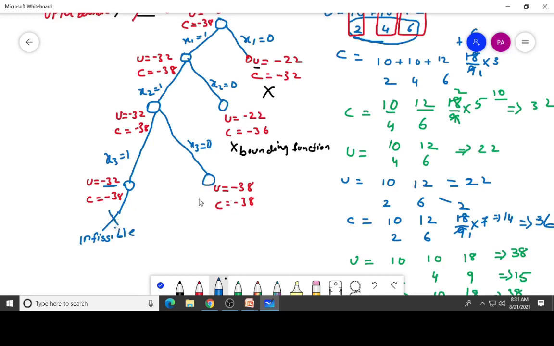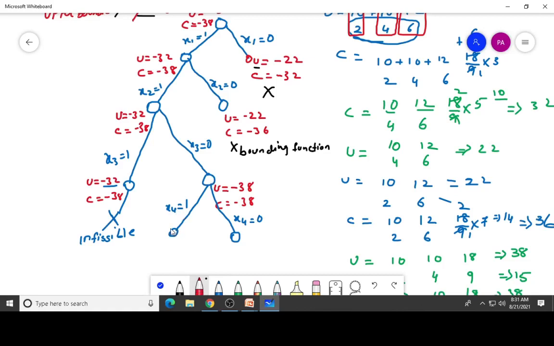So now we need to go further here. If we add x4, where x4 is equal to 1 and x4 is equal to 0, what answer are you going to get?